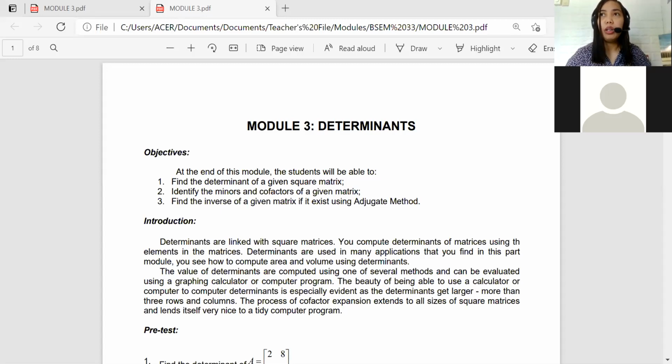Okay, it's just that we are focusing until 3 by 3, or maybe we will try 4 by 4. And then the process of cofactor expansion extends to all sizes of square matrices and lends itself very nicely to a tidy computer program. So one of the applications of determinants is in computer programming.